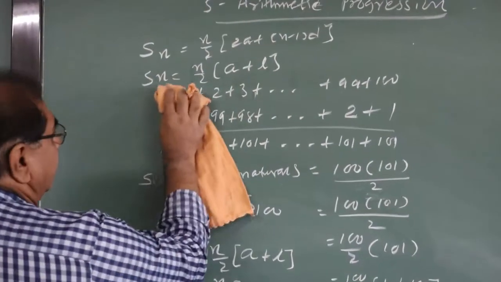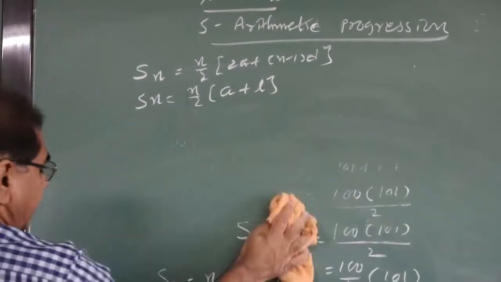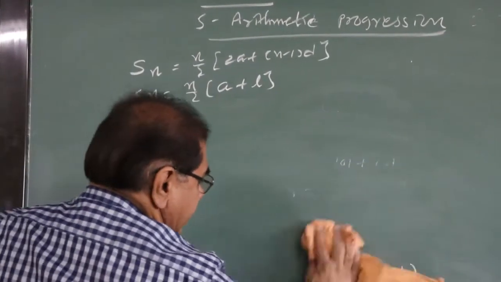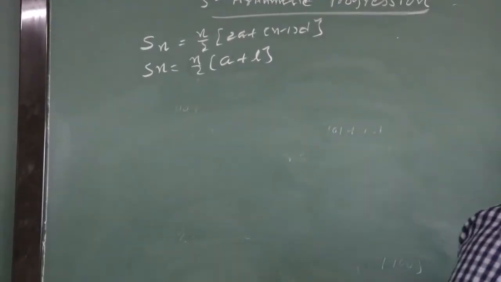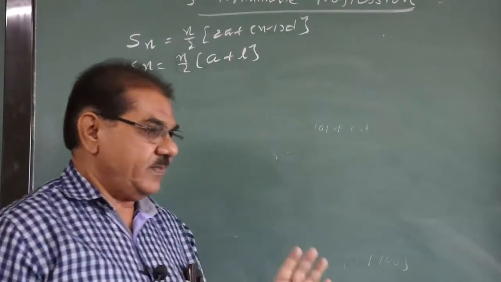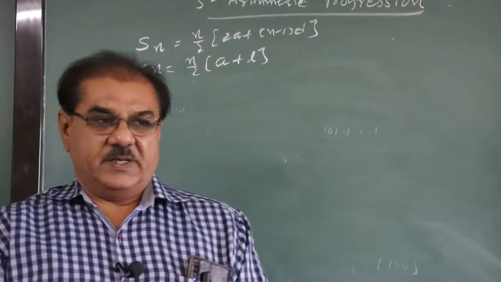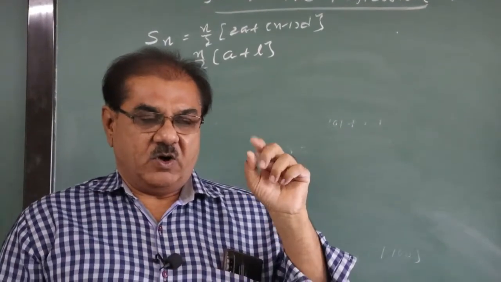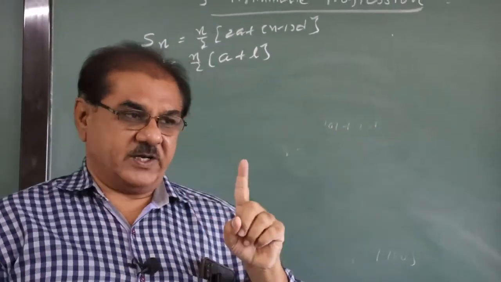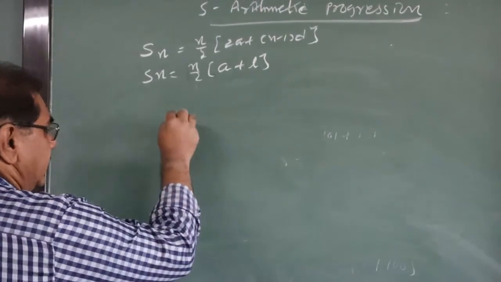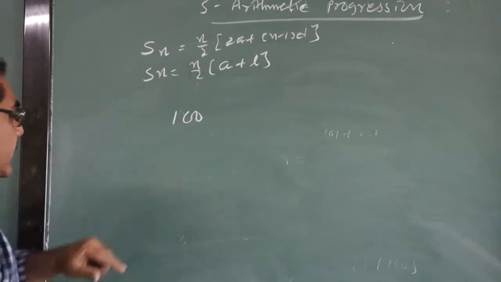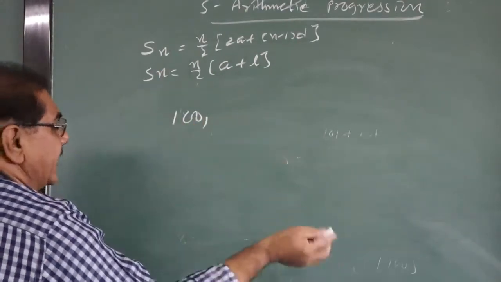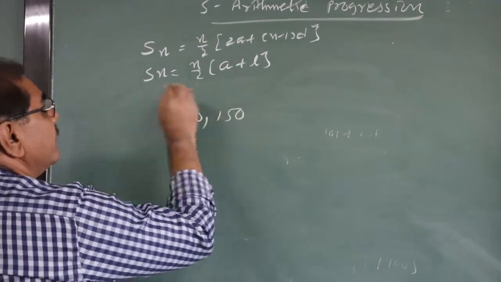I take one more example to show that this formula works every time. One mother keeps in her daughter's piggy bank, at the end of the first year, on the first birthday, 100 rupees. At the second birthday, she keeps 150 rupees.